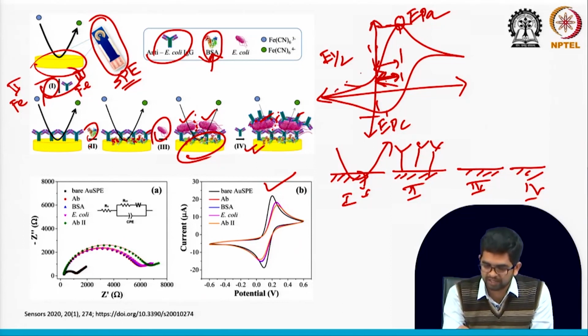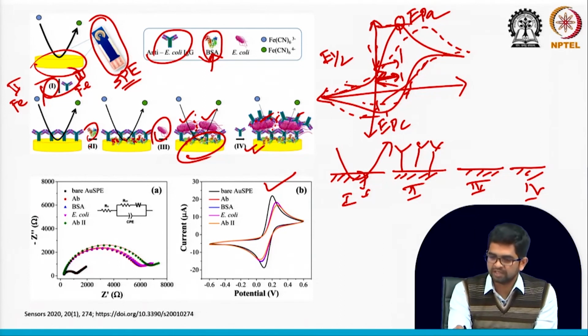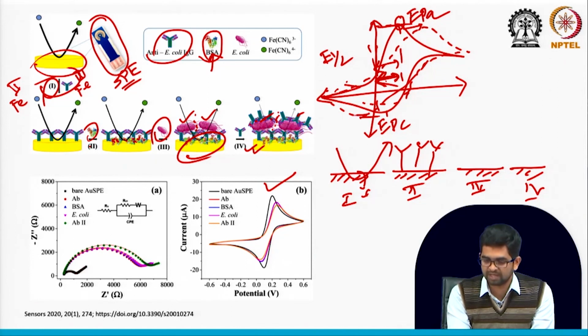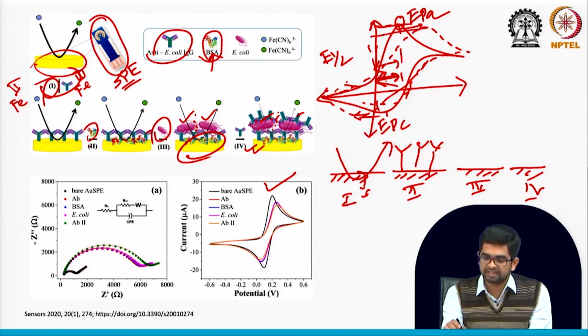So in the second case you may get something like this. See, the EPA value also shifted towards the right, the EPC value shifted towards the left, and the current also decreased. It means the electron transfer rate of the surface actually decreased.